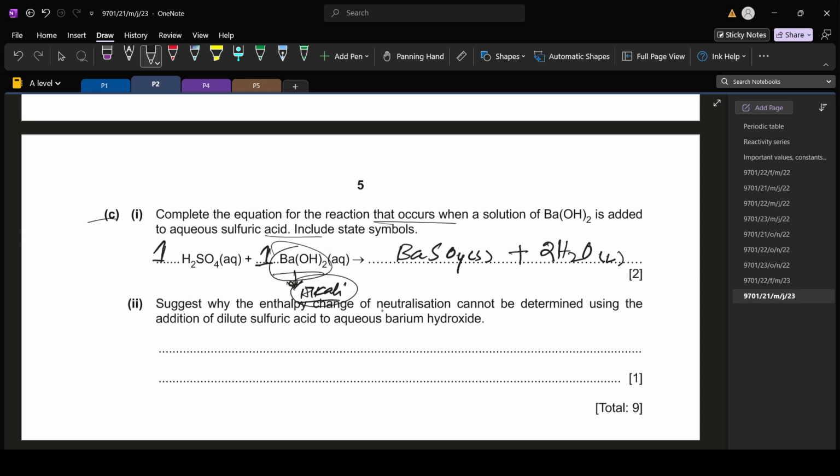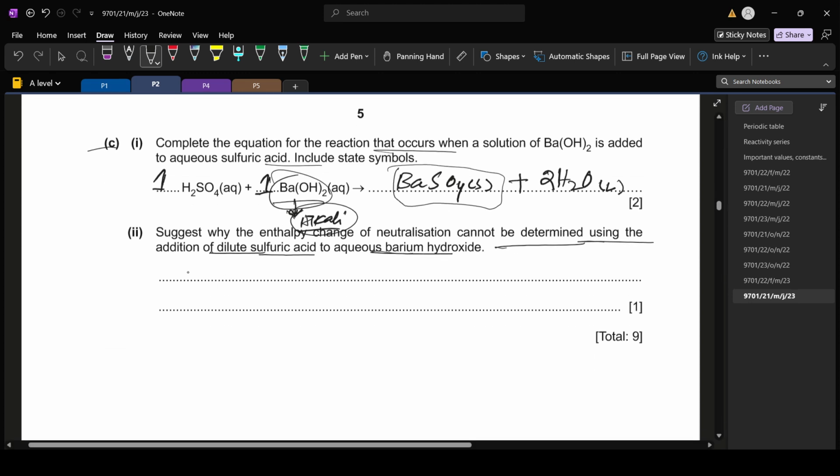Now suggest why the enthalpy change of neutralization cannot be determined using the addition of dilute sulfuric acid to aqueous barium hydroxide. Because there is a precipitate formed, and this precipitate will also have an energy change.